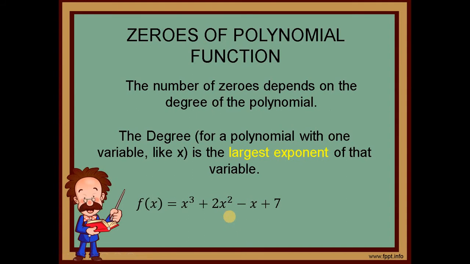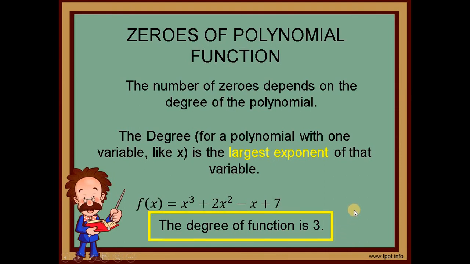What is the highest exponent of x? There is an invisible exponent of 1, then we have an exponent of 2 and an exponent of 3. Since 3 is the highest, the degree of the function is 3, or third degree. And that's it. Very simple.